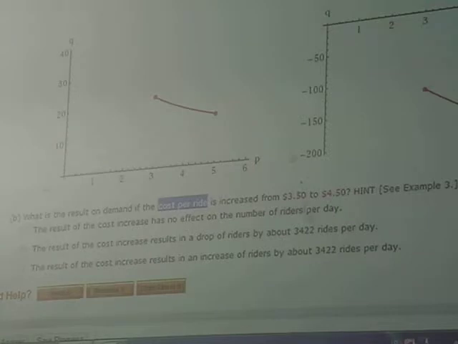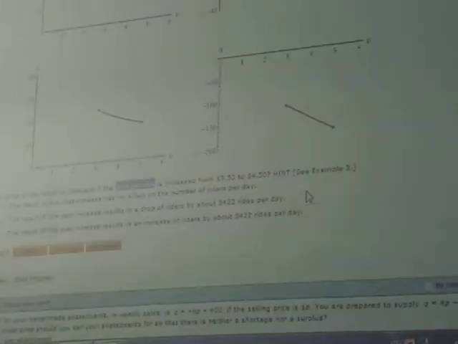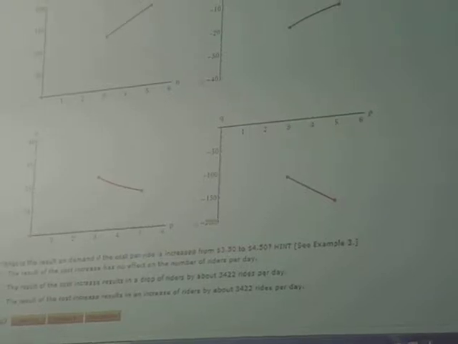Okay, now we could do the calculation. How would we do the calculation? So we put in 350 into P, and we'd get a Q, right?